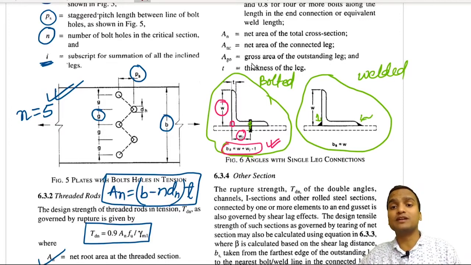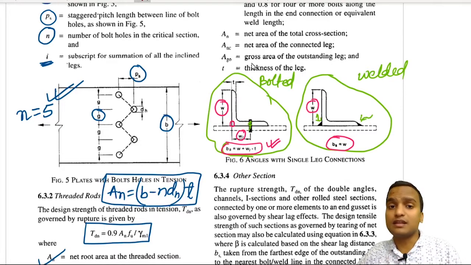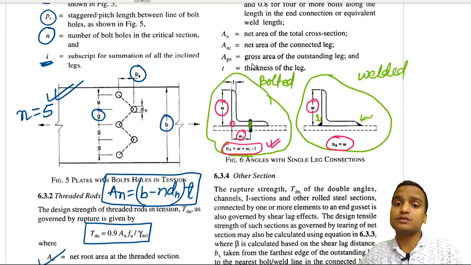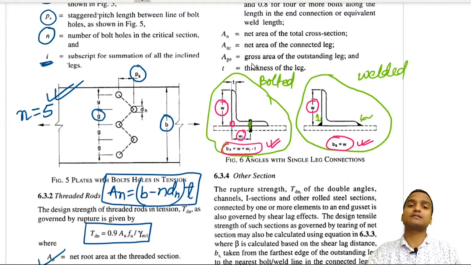In case of welded connections, the w value remains the same for the outstanding leg width, but the shear leg width bs will be equal to w, the outstanding leg width. So this is the difference between welded and bolted connection in single angles.